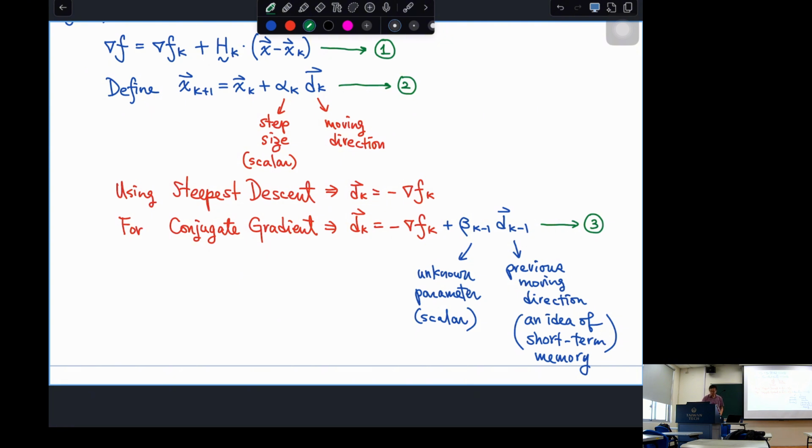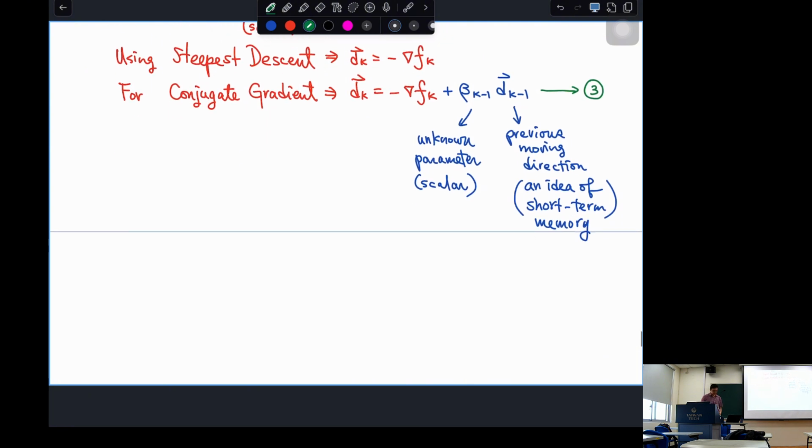Now here comes the Q orthogonal. Since there are dk and dk minus 1, there is a direction that I want to move right now, and there is a previous moving direction. So for these two vectors, can I introduce the concept of conjugate direction?